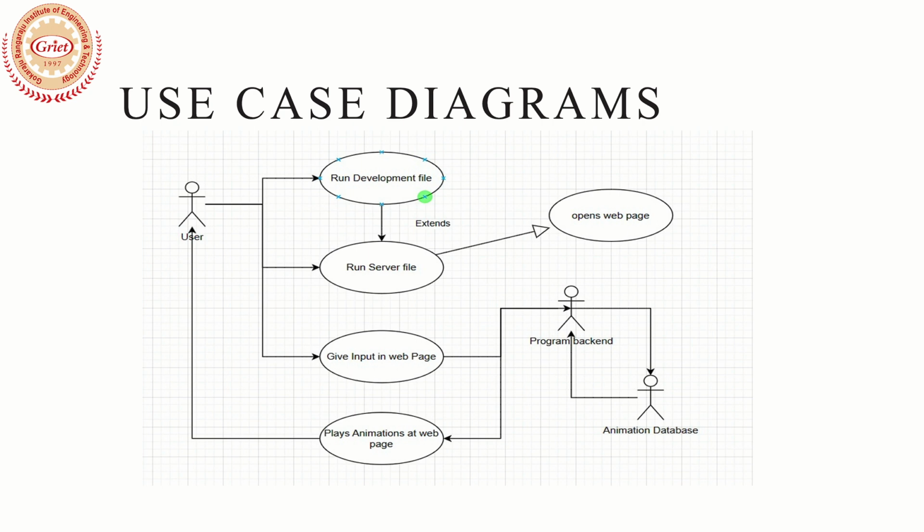We need to open that URL and give the input. Then it plays the animations after giving the input. As you can see, the roles are user, program backend, and animation database. It is not actually a database. It is a GLB file which acts like one.